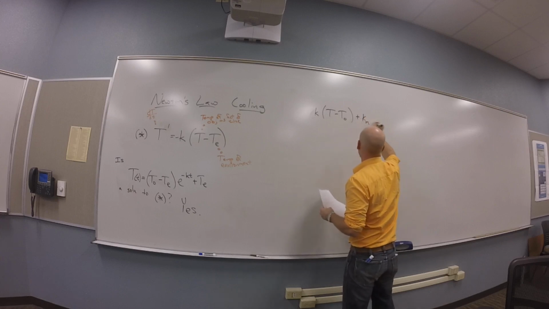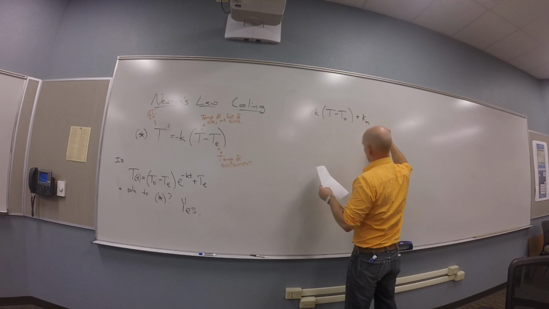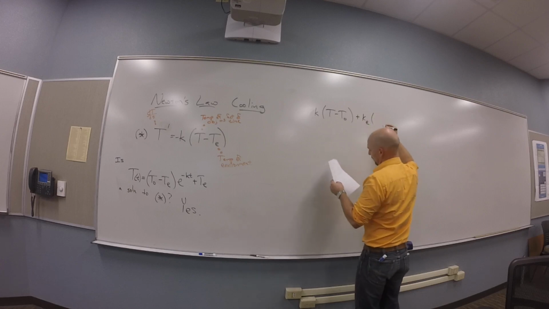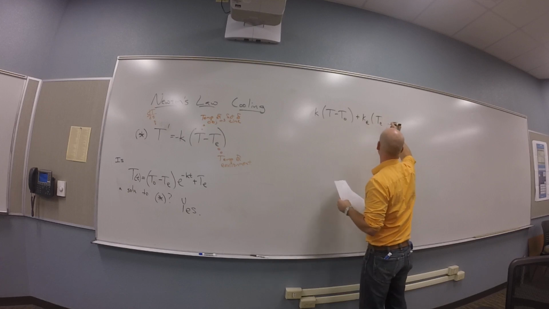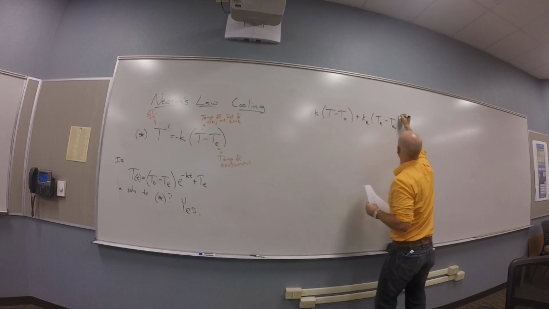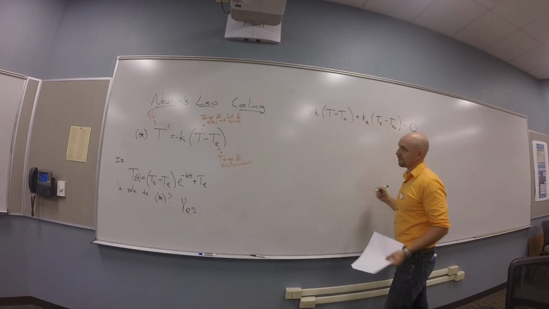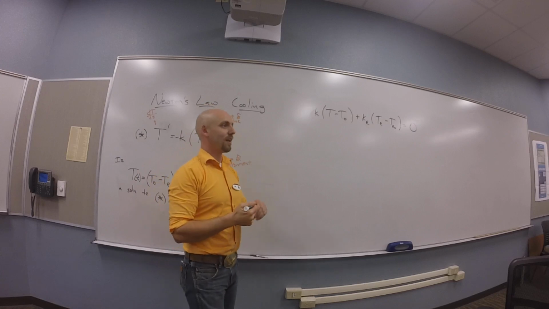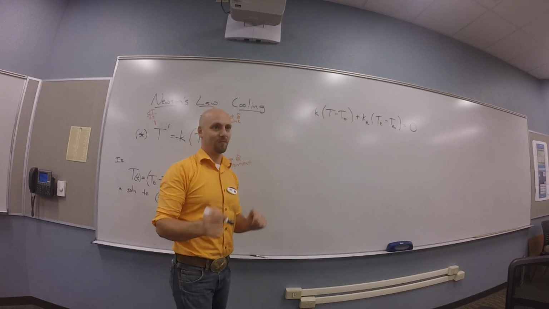Plus K for the room. Oh, I guess I was using E for this, wasn't I? And then something like the temperature of the room minus the temperature that the room started at is 0. Okay, so assume that this represents the energy in the room is conserved.